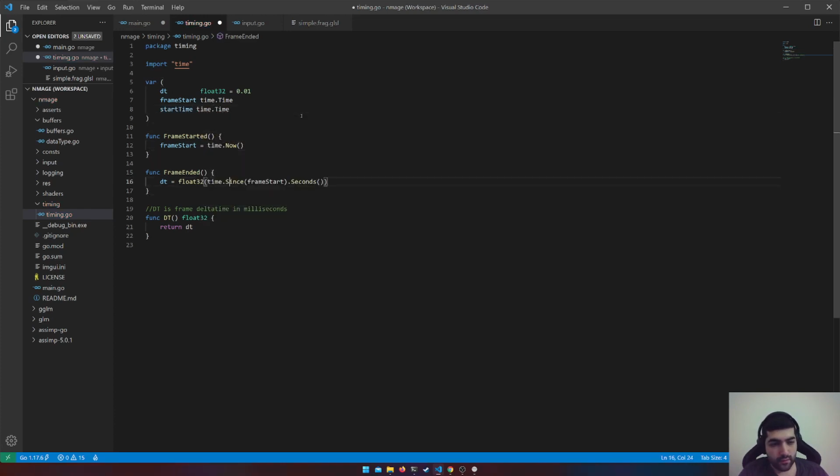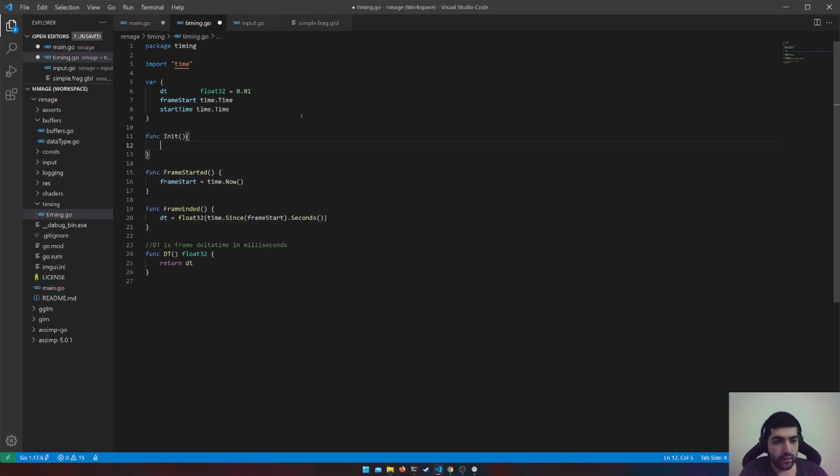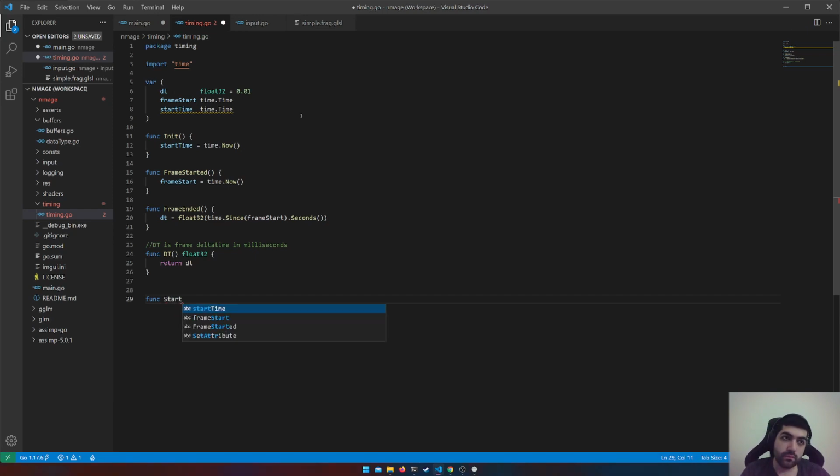And then in init we can do time.Now. Then we can provide functionality where someone can ask for the elapsed time.